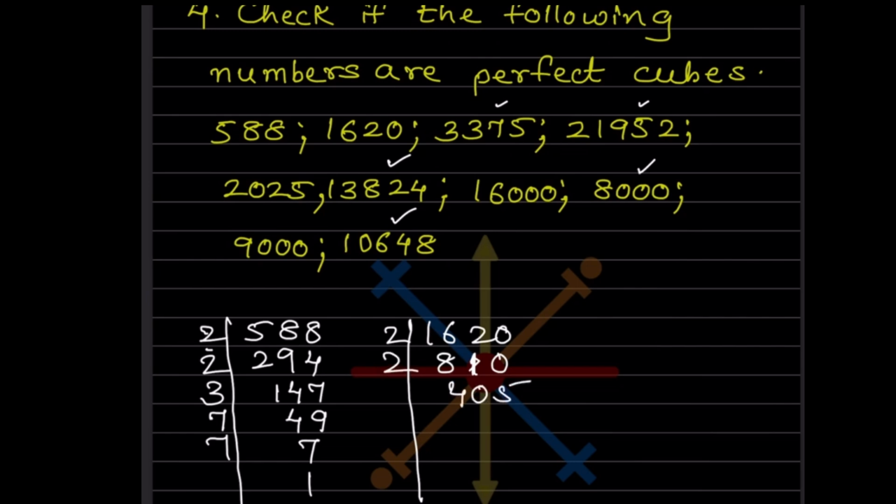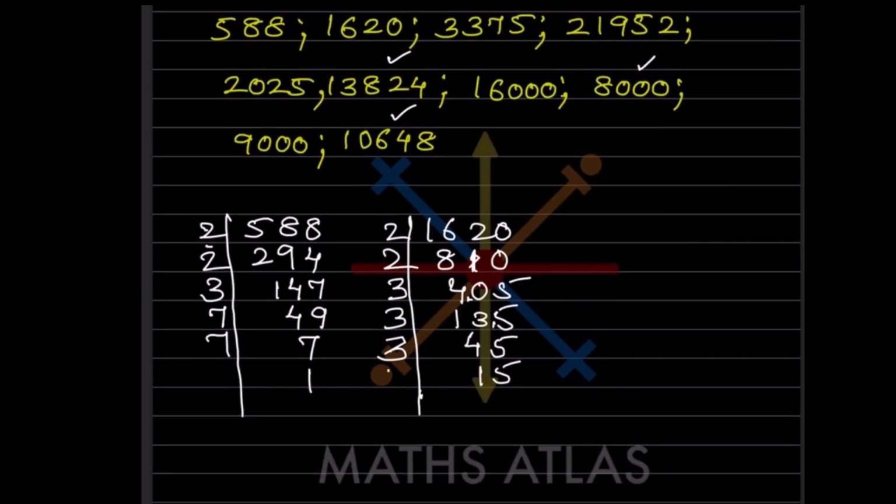So here it will go with 3. 3 1s are, 3 3s are 9, and 3 5s are 15. Again this will go with 3. 3 4s are 12 and 3 5s are 15. Again with 3. 3 1s are and 3 5s are. Again this will go with 3. 3 5s are, and this will be 5 1s are.